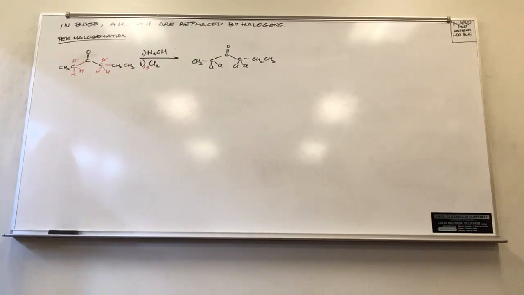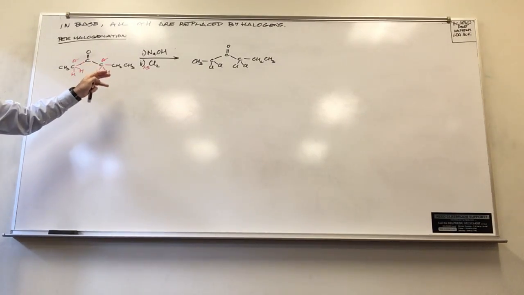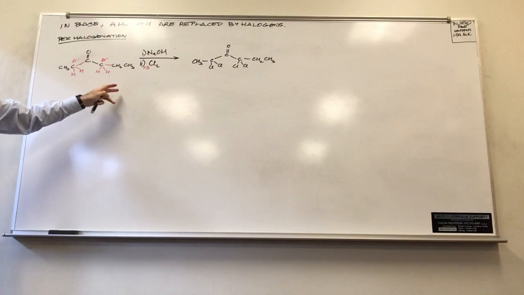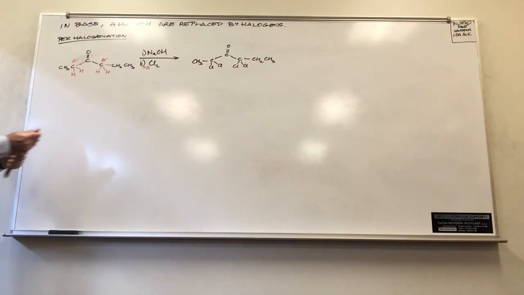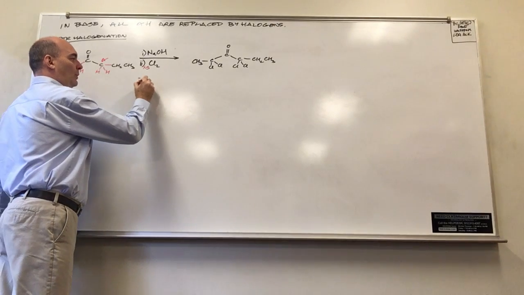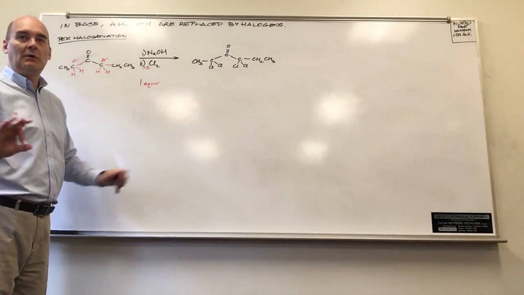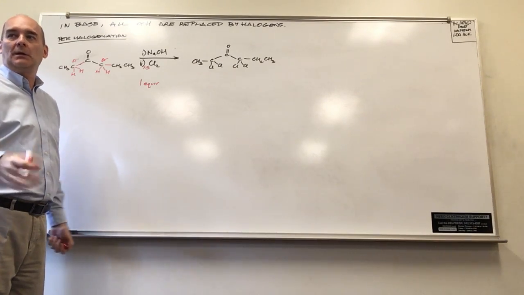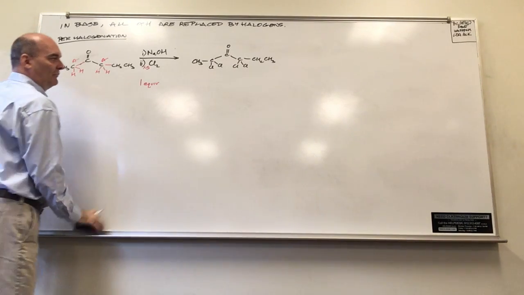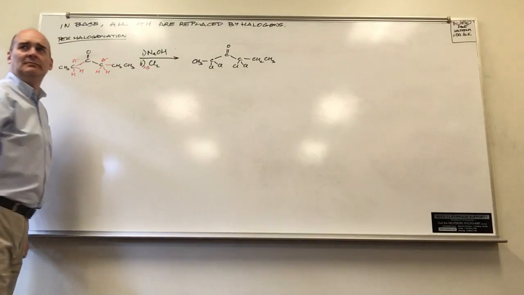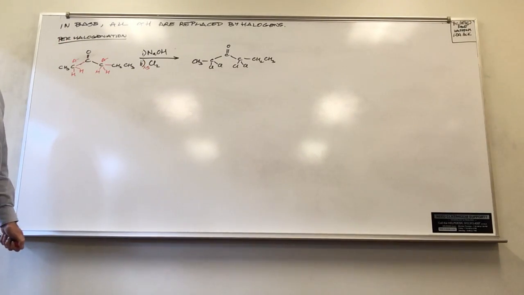If I want to limit you to a specific quantity of reagents, I would write in front of it 1 equivalent. And that means you're only allowed to use that much. Okay? If it doesn't say that, if it's unspecified, keep reacting it until the reaction stops.